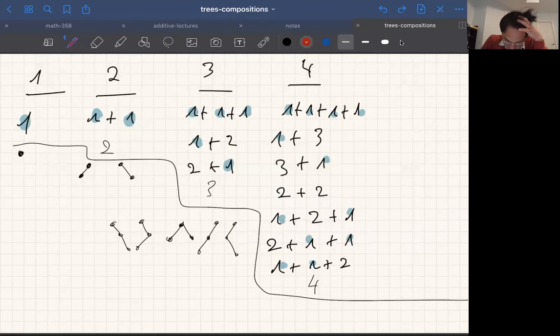If we instead took, there's 2 to the n minus 1. Oh no, it's not quite right. I was going to say there are 2 to the n minus 2 ones in the first column because it's the number of compositions of the previous integer.